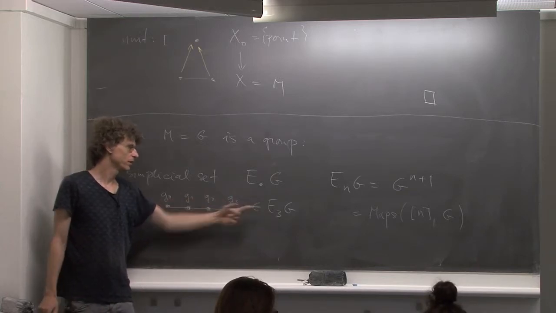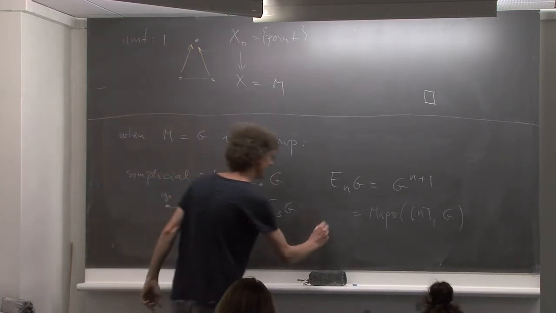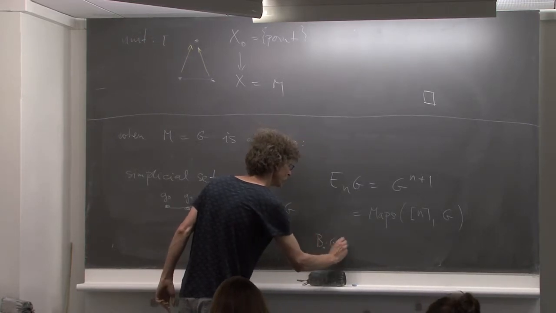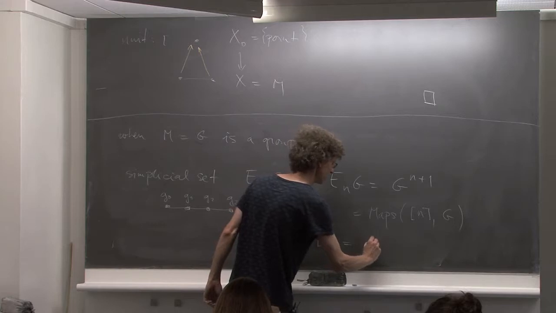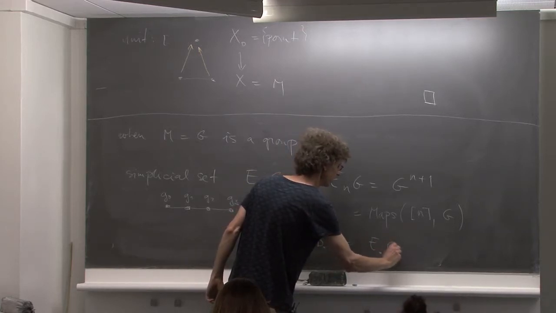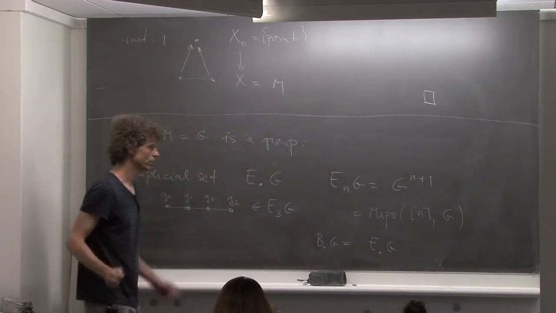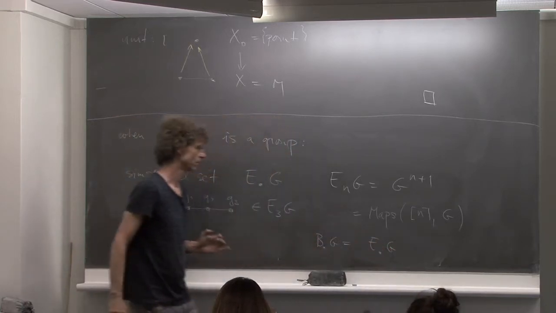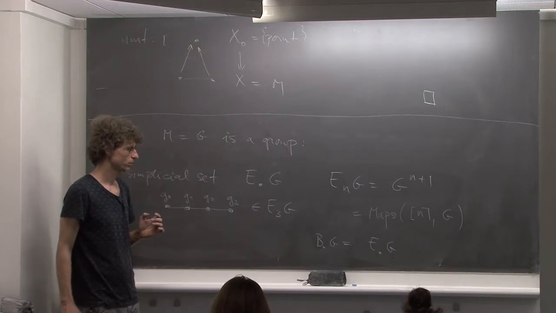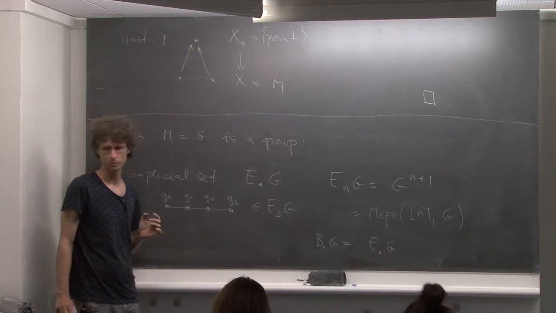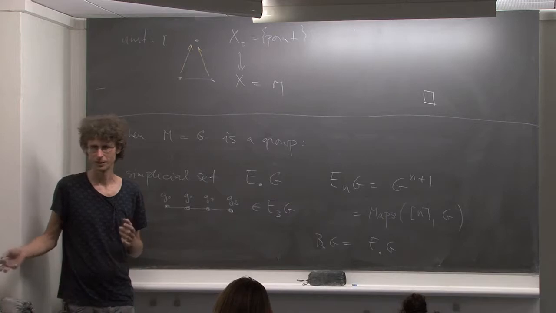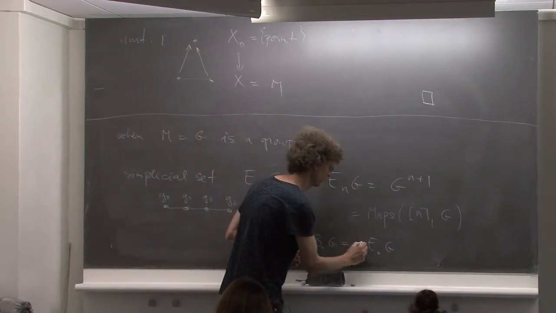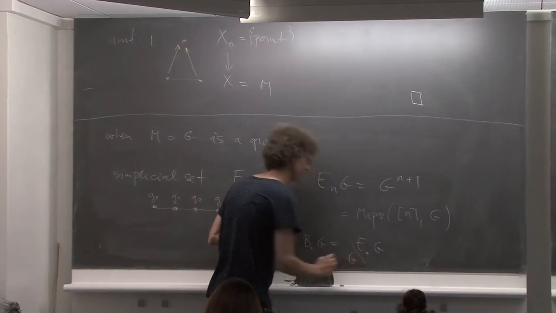But from here, we can now just say that BG is equal to EG when we mod out this guy by the diagonal action of G. Normally people write this action on the right, and it's a better way to write it, but in my notes finally things worked better if this action is on the left, so sorry for doing it that way.